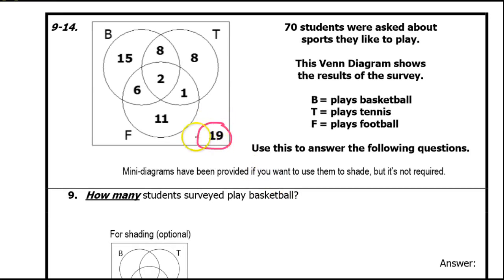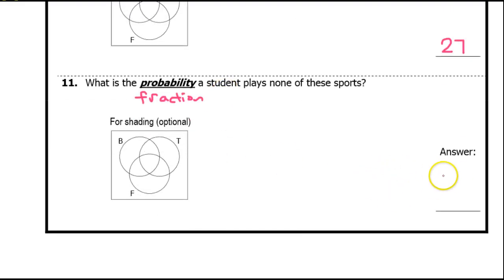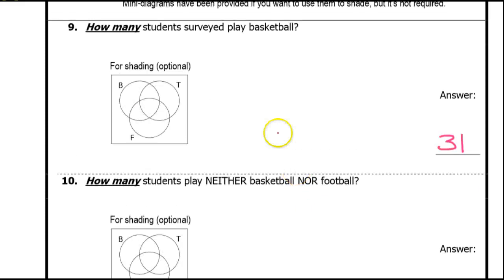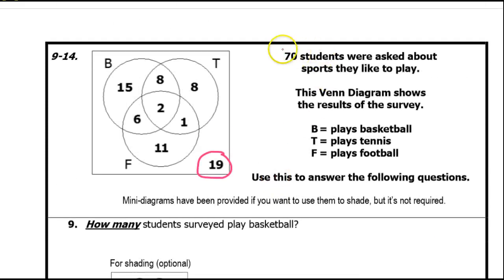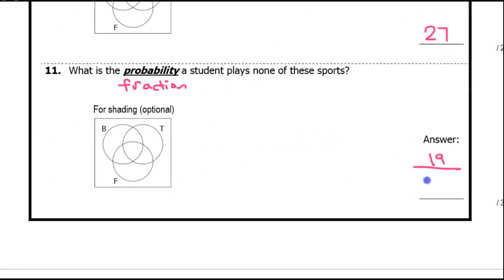There are 19 students that play none of these sports. And so the probability is going to be target over total. So that's going to be 19 over whatever the total is. And the total was 70. 70 students were surveyed. So 19 out of 70.